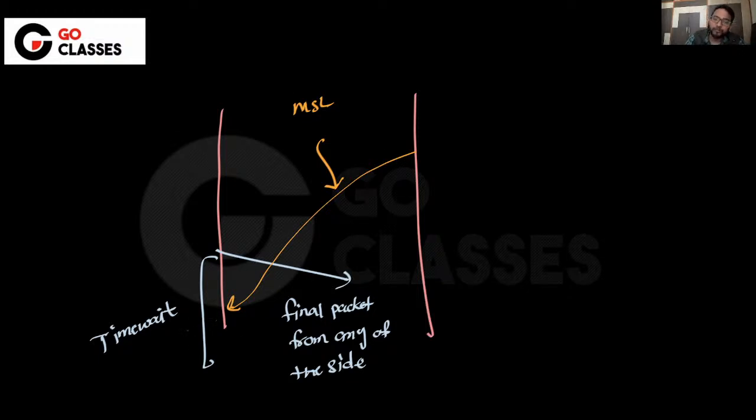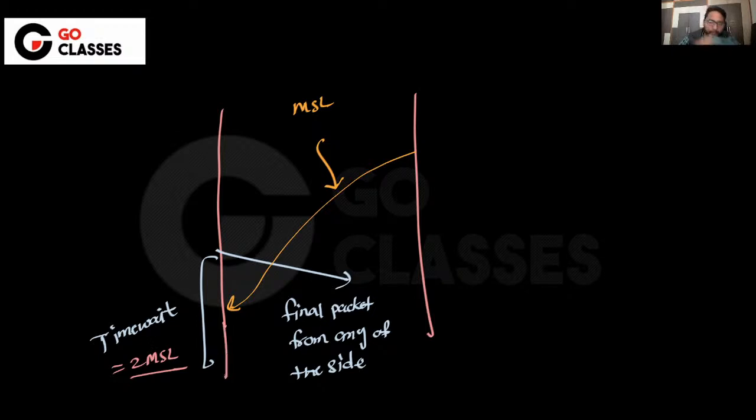So if the packet is delayed, it should be coming within the MSL time, right? Still, just being a bit more conservative, I am setting it to 2 MSL. There is no reason why I am doing 2, it is just conservative behavior. I am saying let me wait for 2 MSL. The packet should arrive within the MSL, but still I say let me wait for 2 MSL.